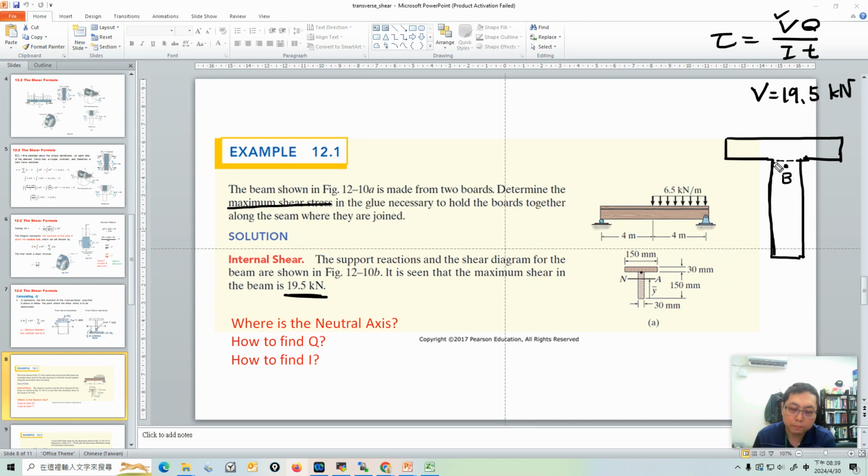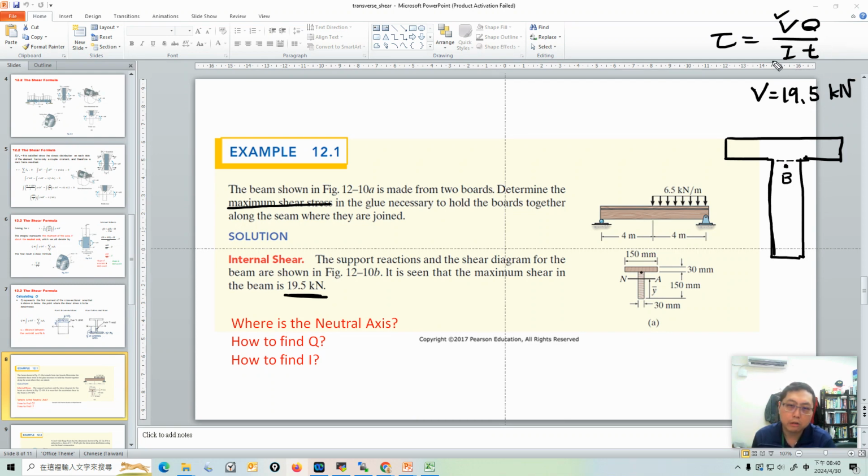Because there is glue on this surface, he wants to calculate the shear stress just a little below the dash line. So B is here. This is very important because this information helps you to calculate the Q. We'll talk about Q later.